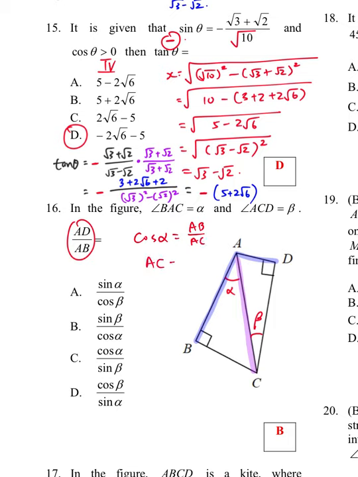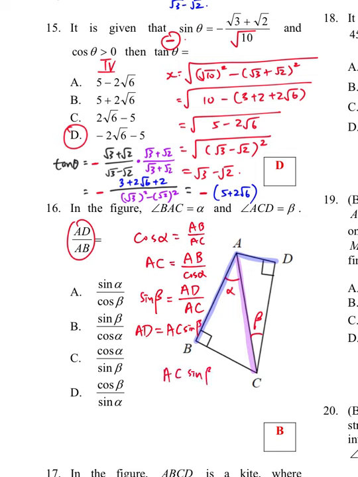Let's express the connection AC in terms of AB and cosine alpha, and we move on using sine beta to connect our target AD and the connection AC. You see that AD will be AC sine beta.